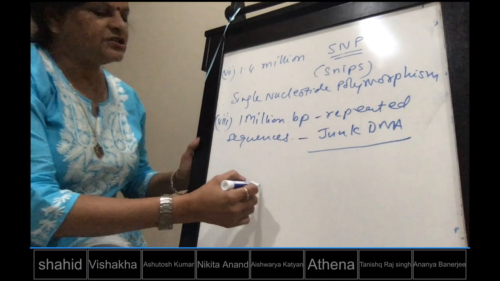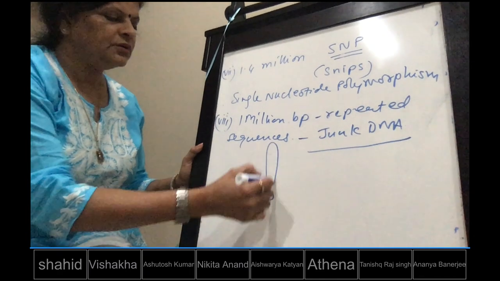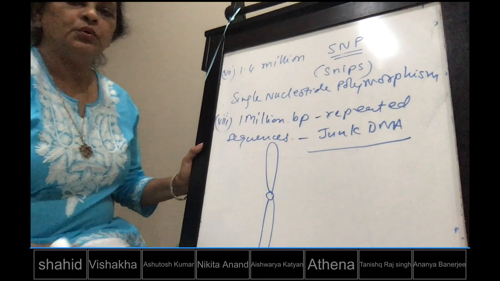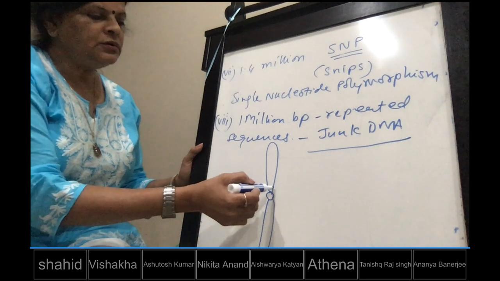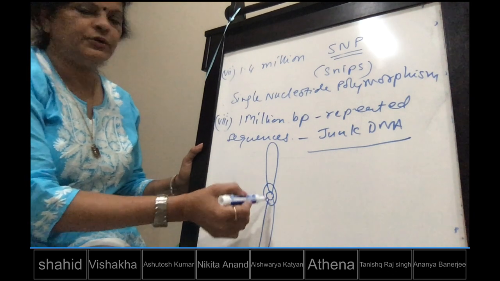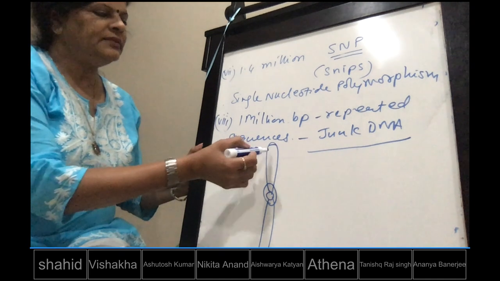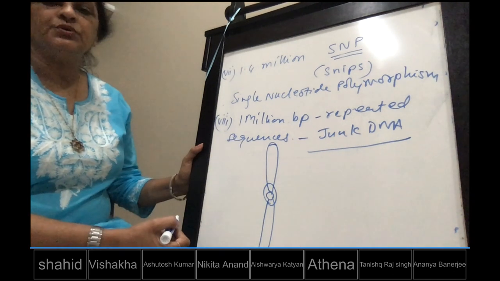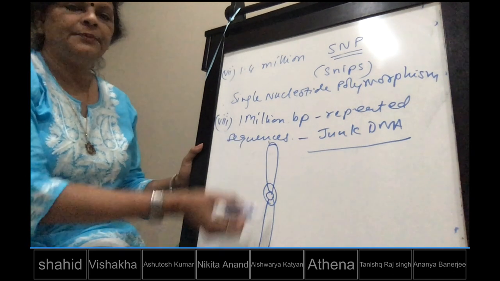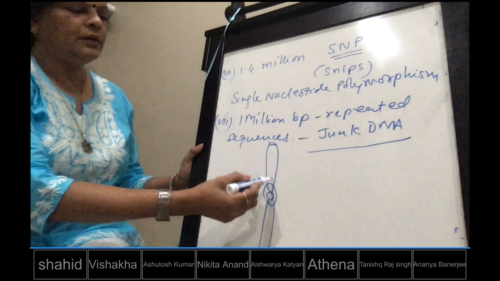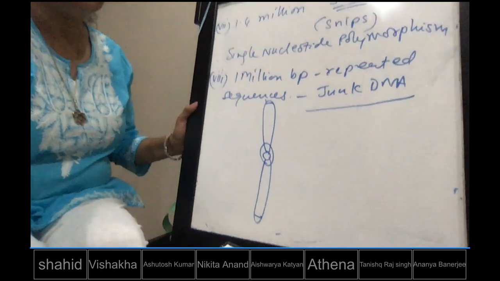And generally, where is this junk DNA found? Like if this is the chromosome, it is found around the centromere or at the terminal ends of the chromosome, the terminal tips, or in the centromere, like this.